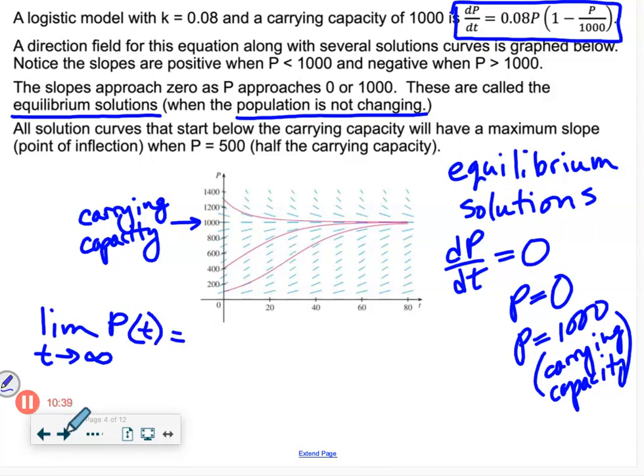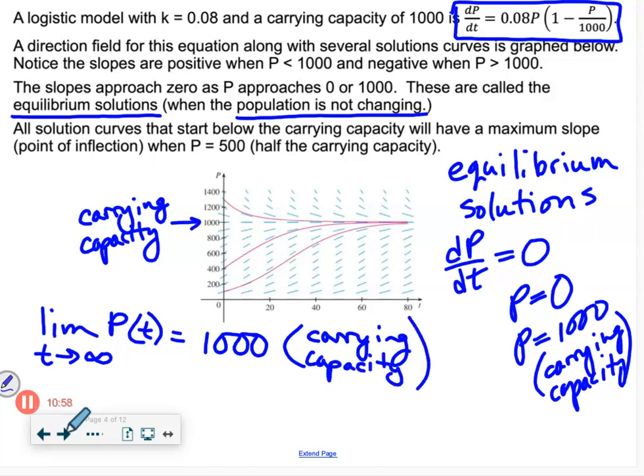It's 1,000. It's always equal to the carrying capacity. I'm going to write it again because it's that important. Without knowing anything, if it's logistic, the limit as t approaches infinity is going to be the carrying capacity.